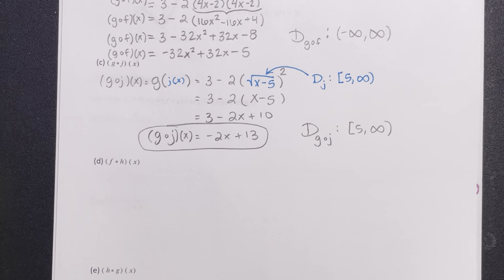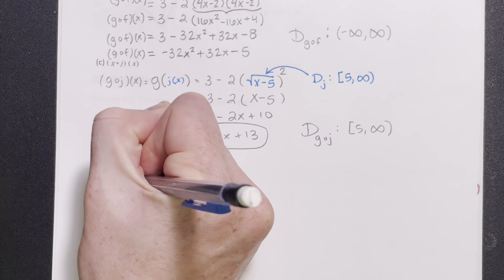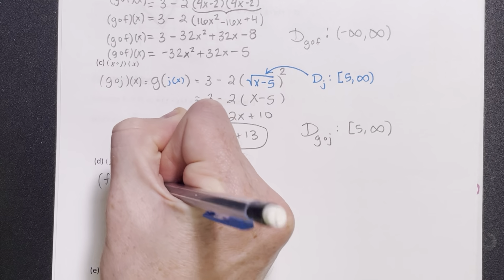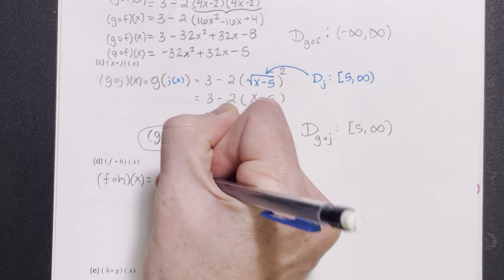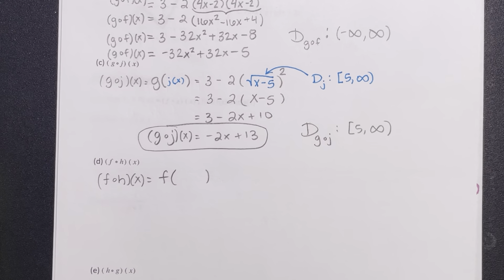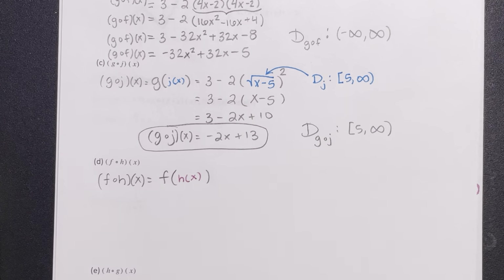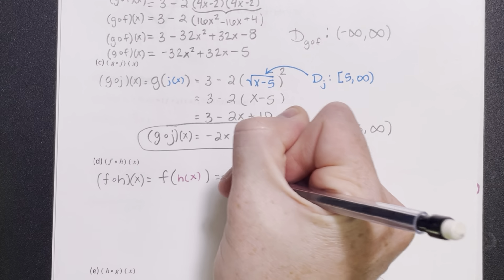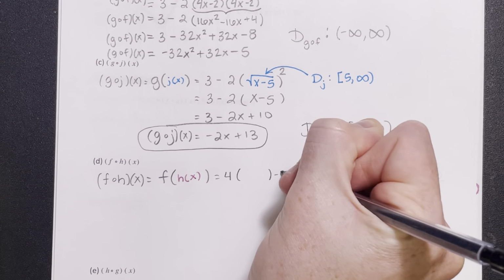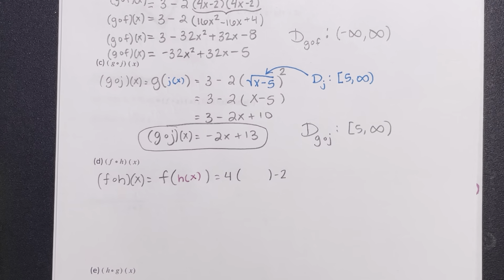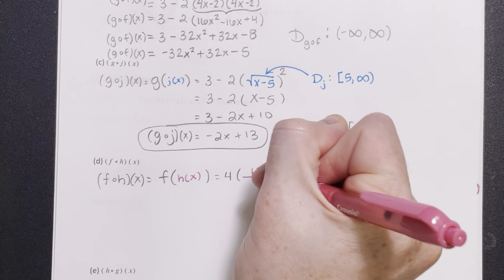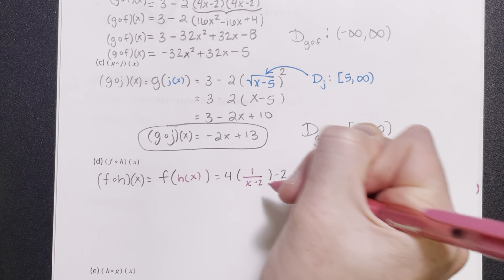We also have f of h next. So f of h of x would be equivalent to rewriting this with f and then h of x inside of it. Our f of x function was 4x minus 2. So when I plug in h, I'm plugging in 1 over x minus 2.